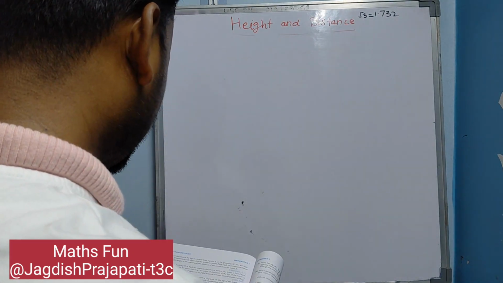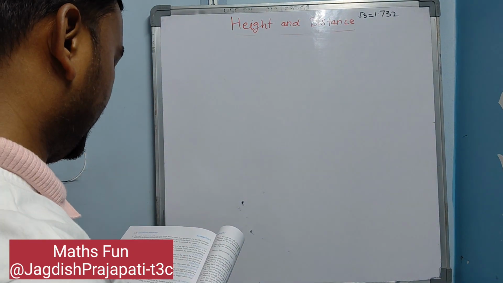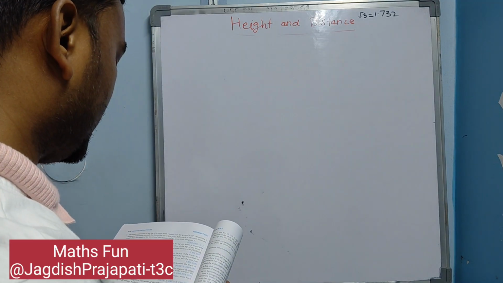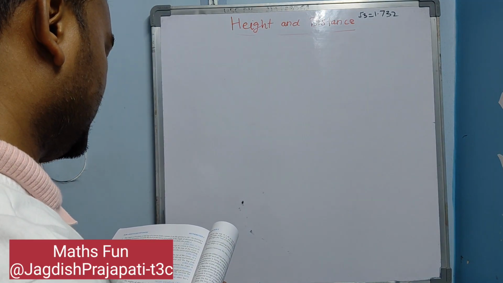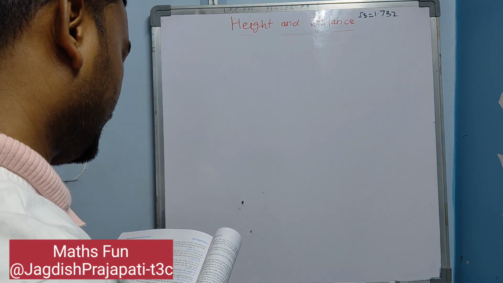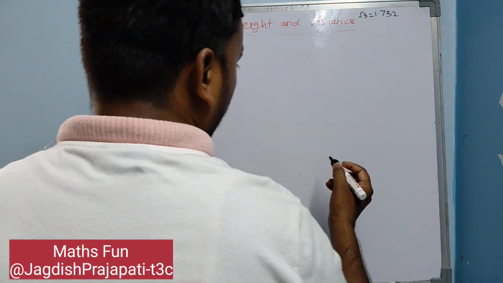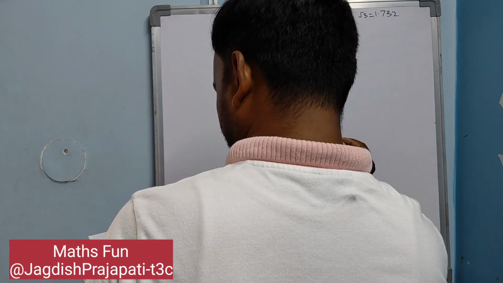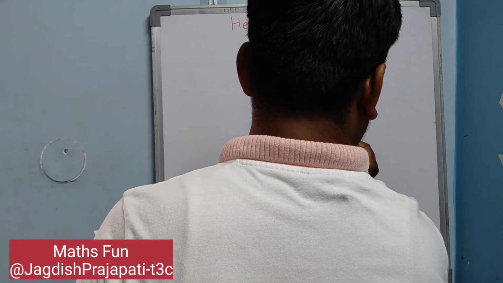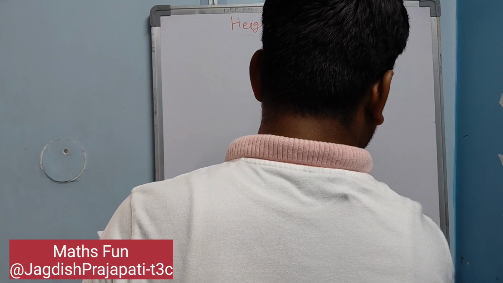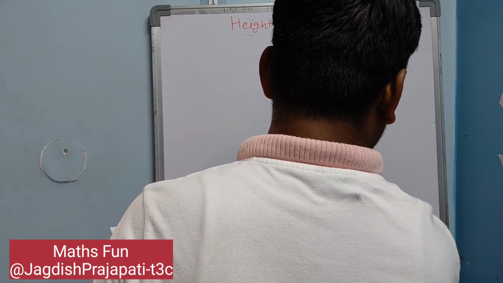So understand this question. On a horizontal plane, there is a vertical tower with a flagpole on the top of the tower. So see, this is your horizontal plane. Let us draw a line here.